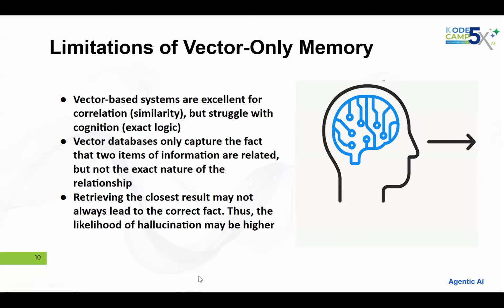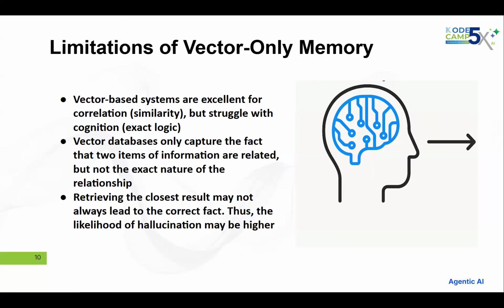So I'm just trying to wrap my understanding. I get the similarity, how two different vectors can be similar in the vector space. But you said the limitation there is that it doesn't capture the exact logic. I'm wondering about the example you gave, orange and tangerine.